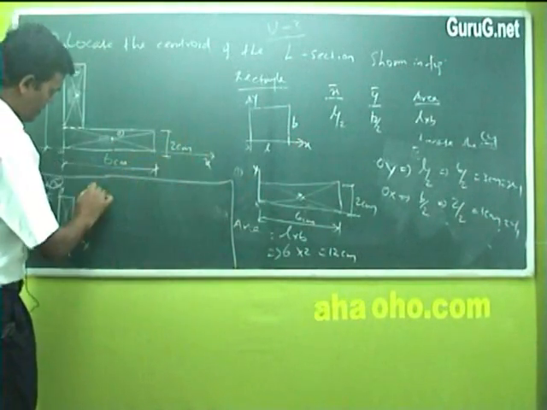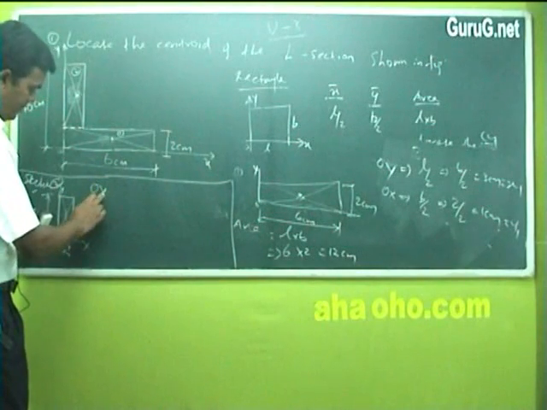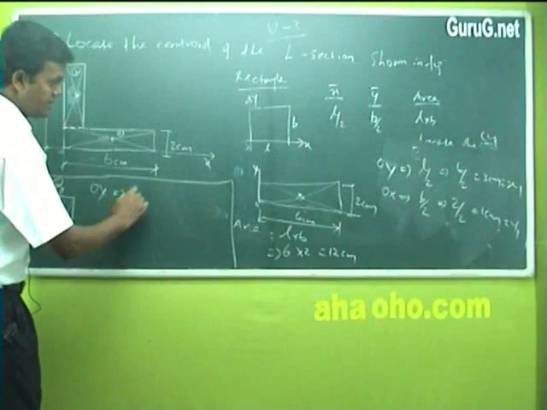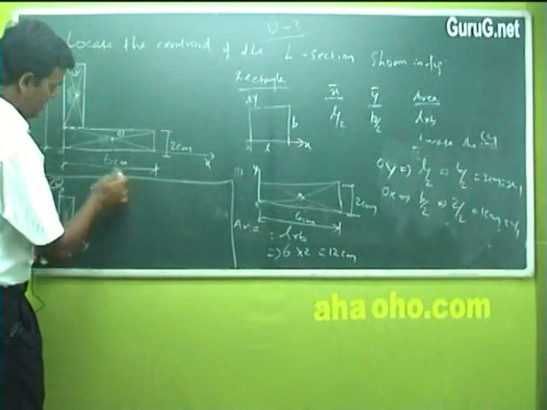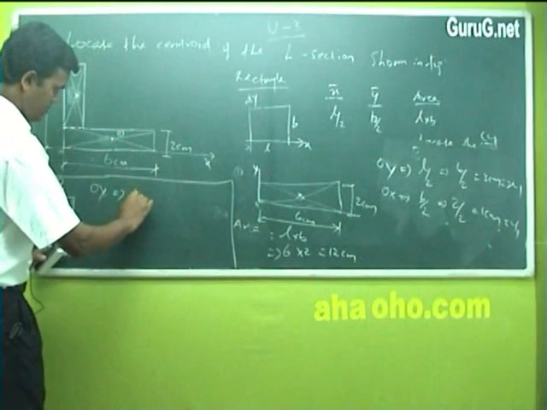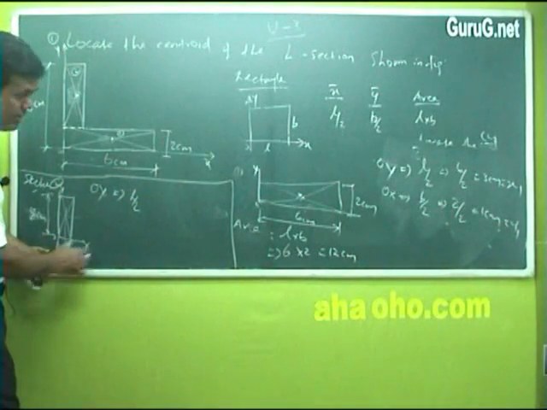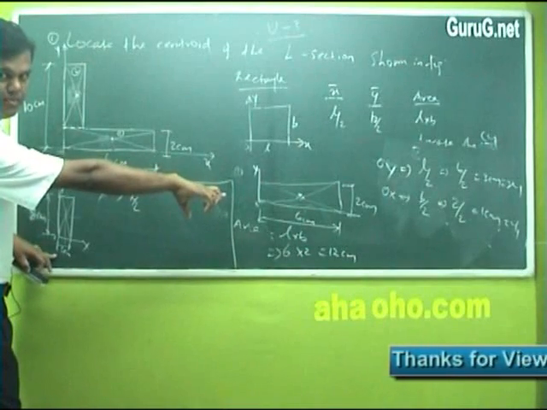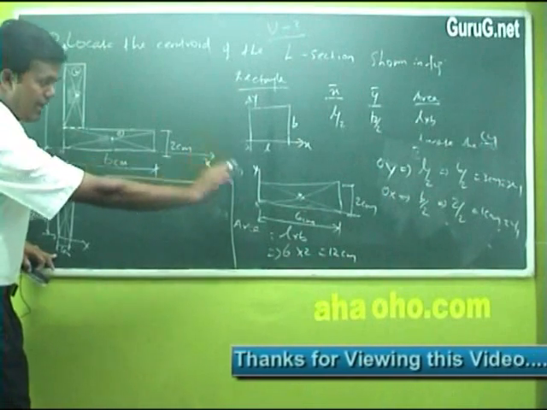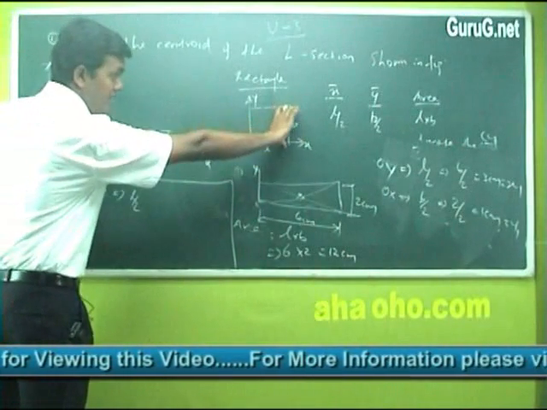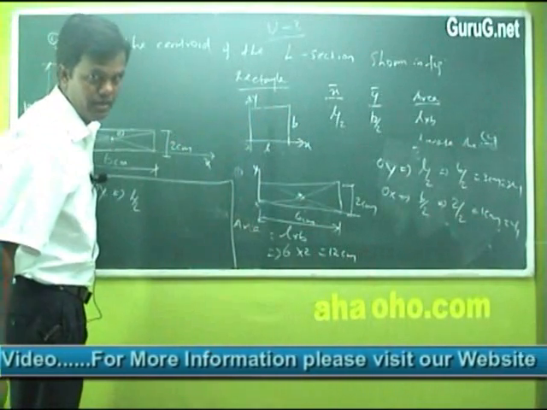From OY I travel towards the X direction. This will again give me length by 2. This is L by 2 only. Here L becomes 2, whereas there L was 6 centimeter. Please do not confuse: always L is this side for a rectangle and B is this side for a rectangle.